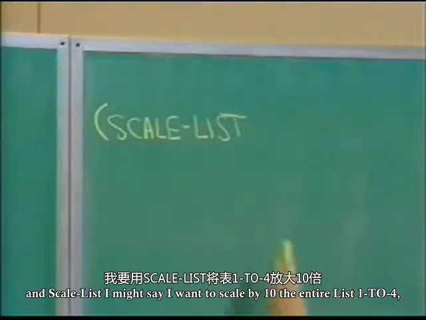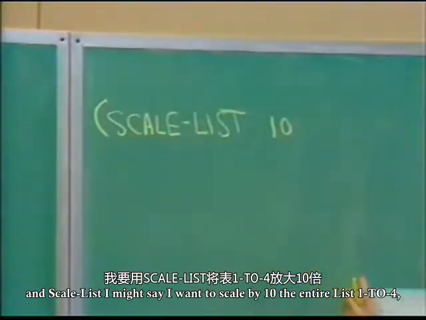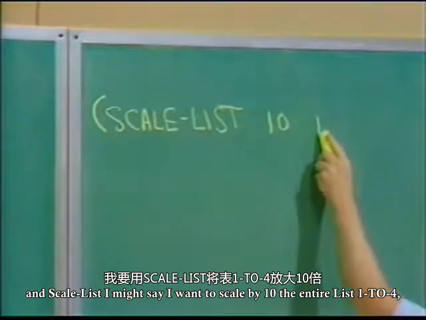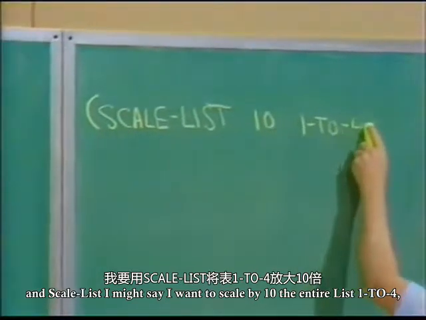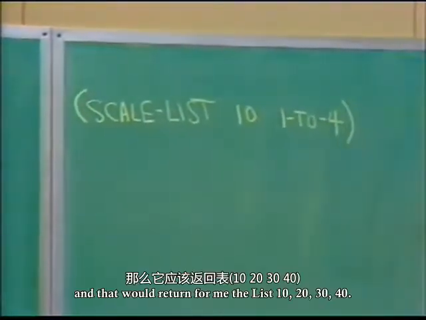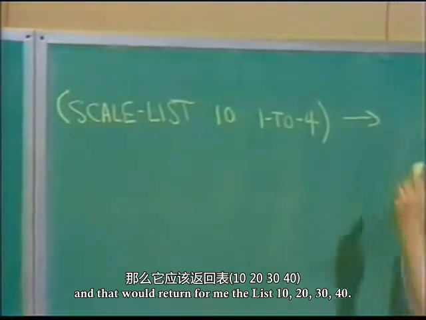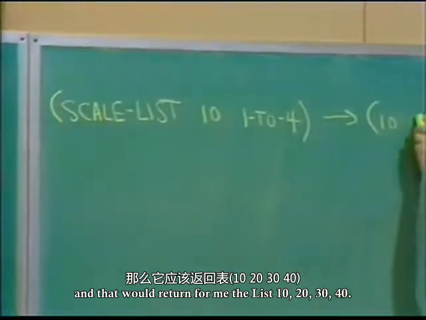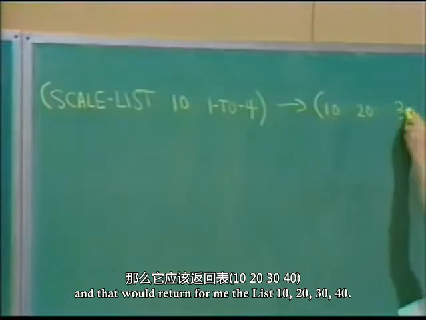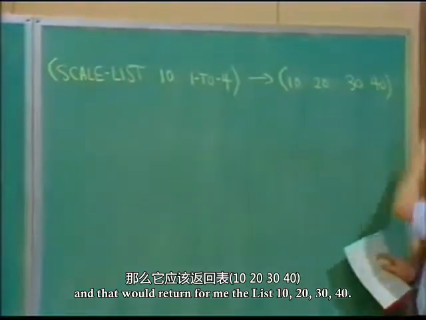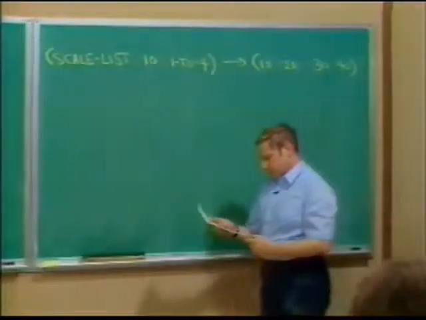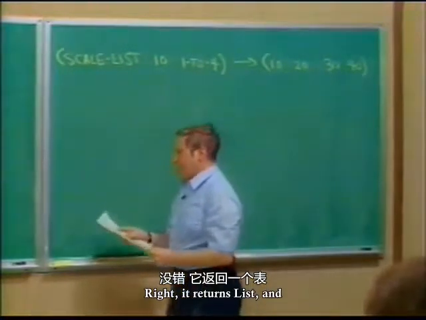And scale list, I might say, I want to scale by 10 the entire list 1 to 4. And that would return for me the list 10, 20, 30, 40. Right, so it returns the list.